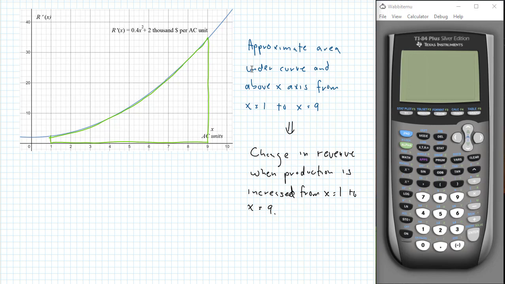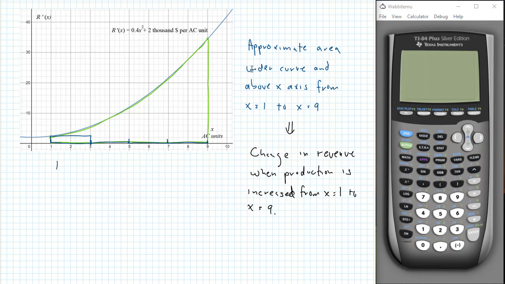So let me draw the base of the first one. It's going to start at 1 and go to 3, so it's 2 wide. Go from 3 to 5, 5 to 7, and 7 to 9. I'm going to draw these rectangles in a very special way. I'm going to draw them so that it goes up and touches the curve on the left-hand side of the rectangle and then goes across.